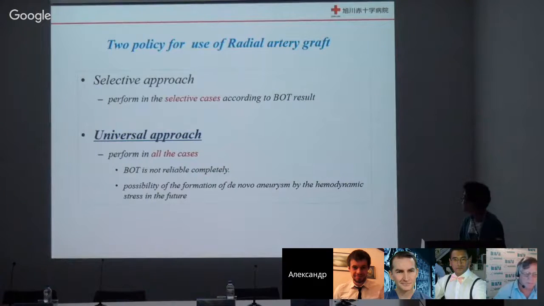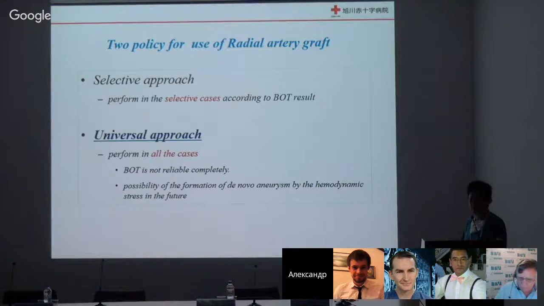For the high flow bypass, there are 2 policies. One is a selective approach, which means performing it only in selected cases according to the balloon occlusion test. The other is a universal approach, which means performing it in all cases if the ICA is sacrificed.